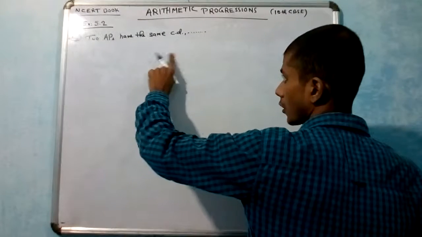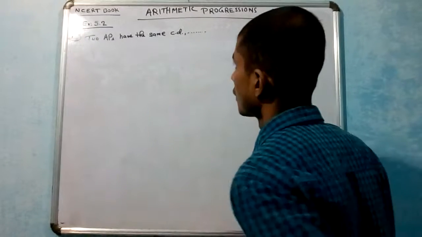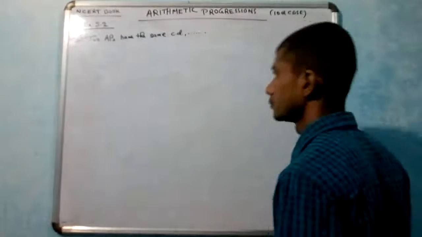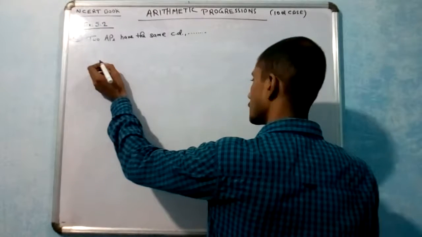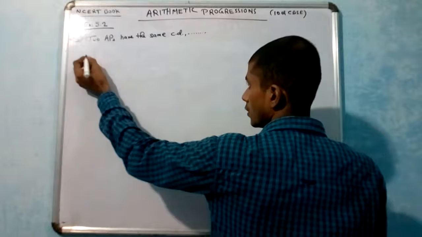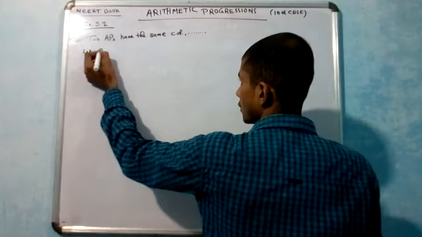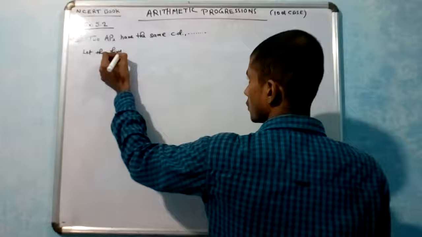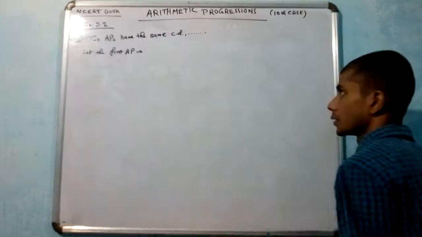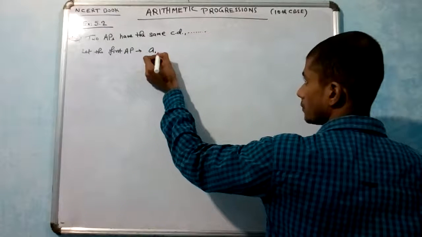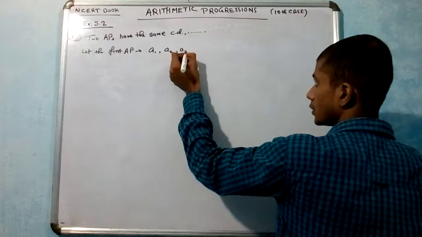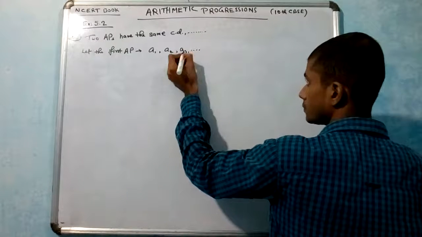So how can we assume our APs with the same common difference? Let the first AP be A1, A2, A3, and so on.